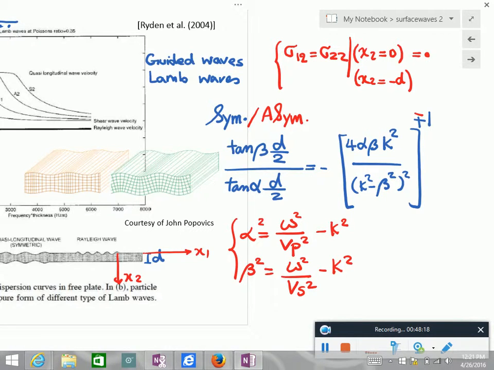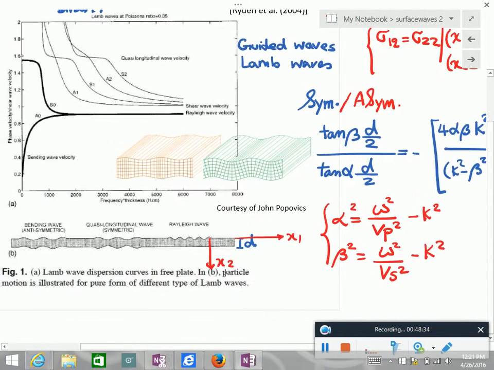It's actually not very hard to get. If you just substitute for stress and strain in a plane strain case and require that the stress is equal to 0, you get these functions.